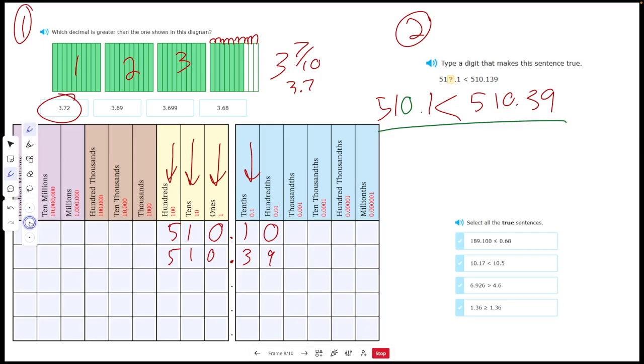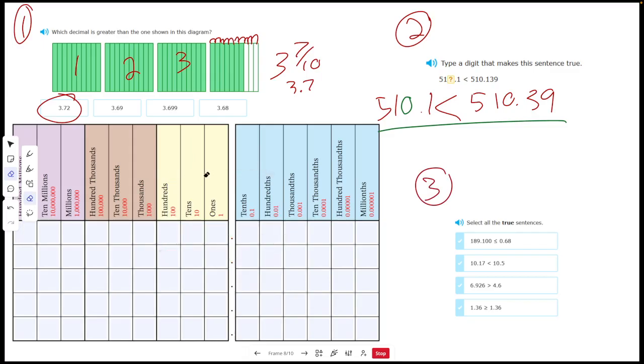Okay, for number 3 here, it says select all the true sentences. And make sure you pay attention to that instruction there, right? Select all. So let's try and find answers that are automatically true or false and go from there.